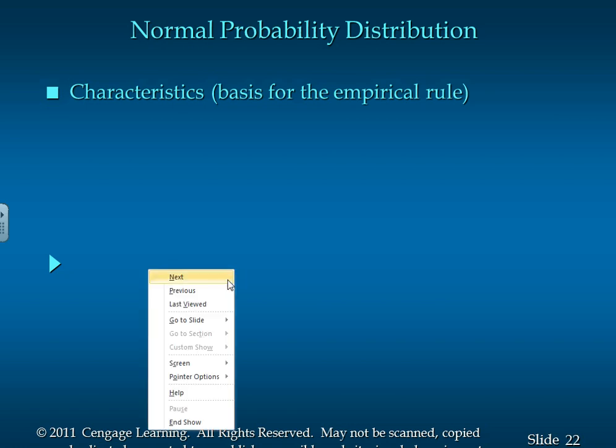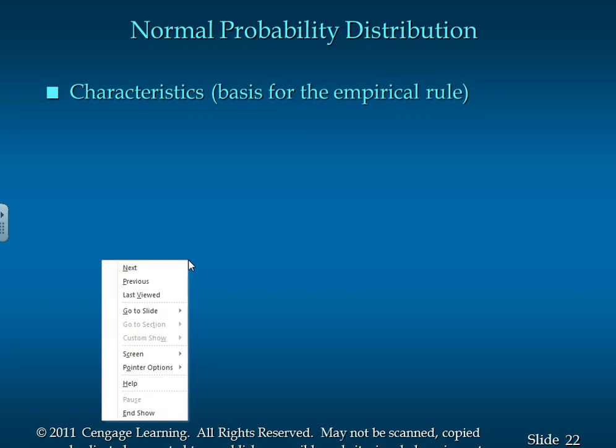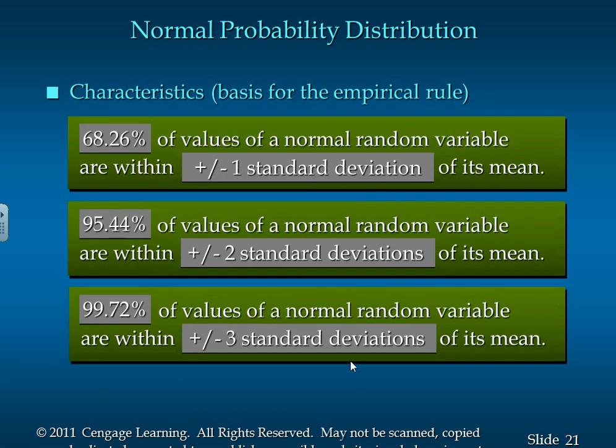We'll try to move back again. Okay, so those are our rules. 68 point something percent plus or minus 1 standard deviation of the mean, 95% plus or minus 2 standard deviations, 99.72% plus or minus 3 standard deviations.